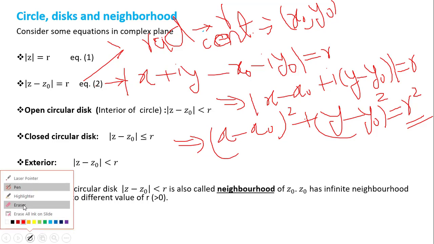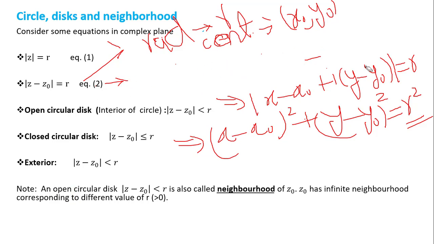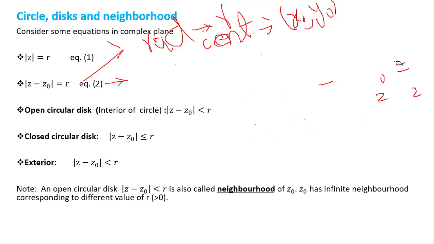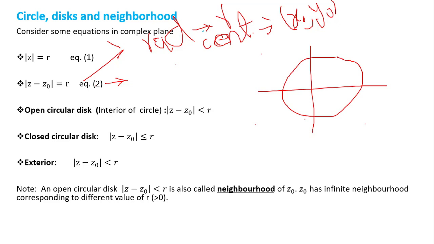Now we'll draw this. With center z naught, this is the center and this is the radius. So this is the circle. Radius is r. This is how we draw it.